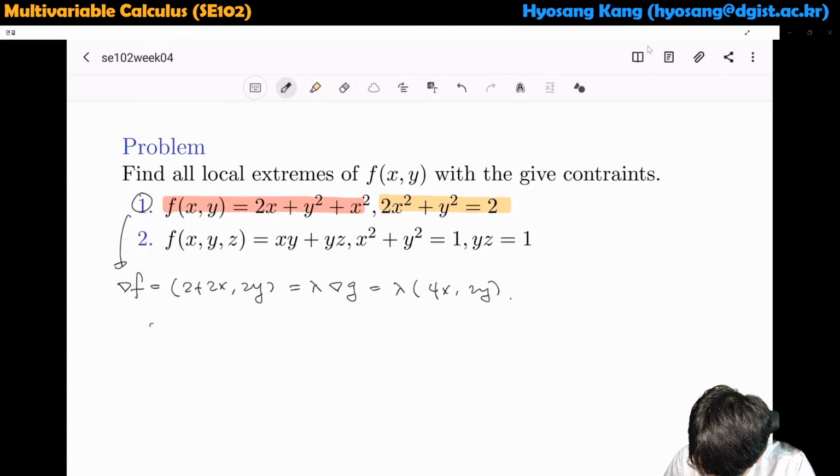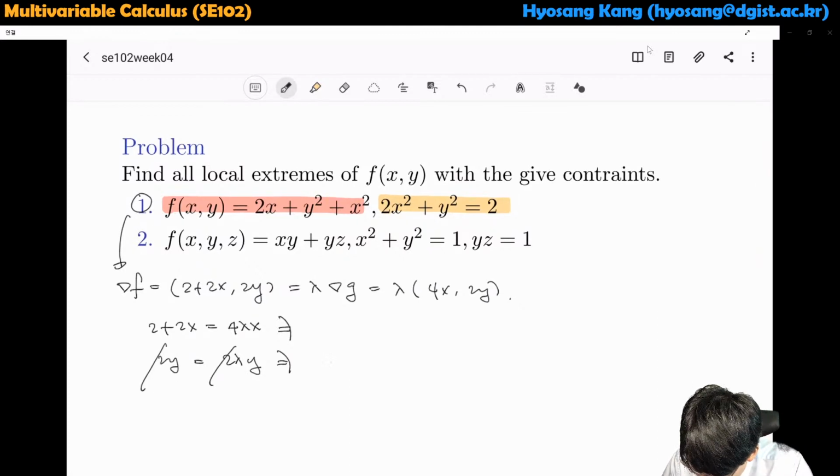So rewrite this equation: 2 plus 2x equals 4 lambda x, and 2y equals 2 lambda y. For the second equation, I can remove the 2. So either lambda equals 1 or y equals 0. That's the only possibility we have.